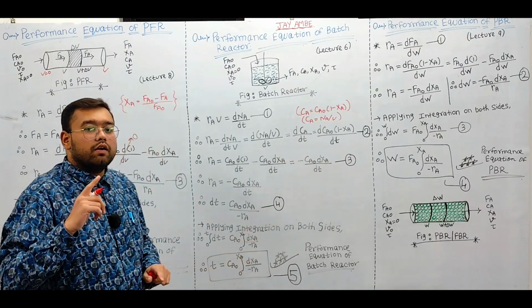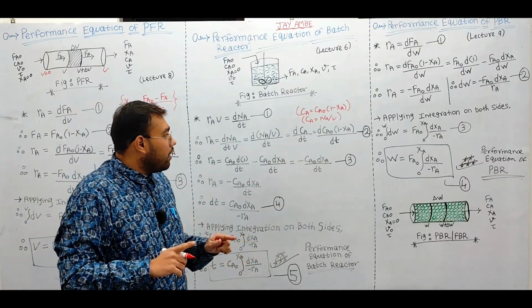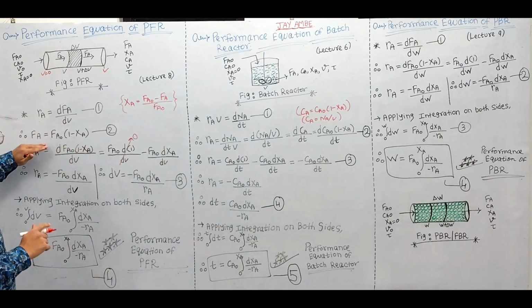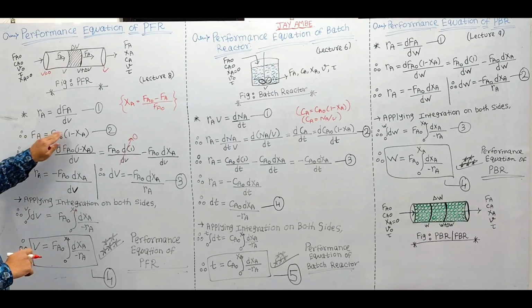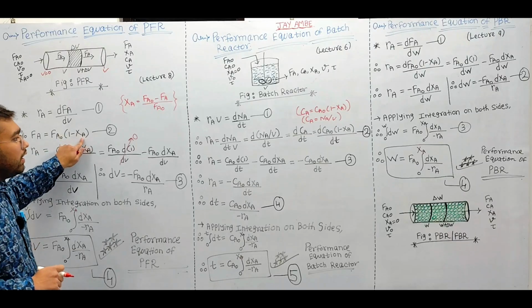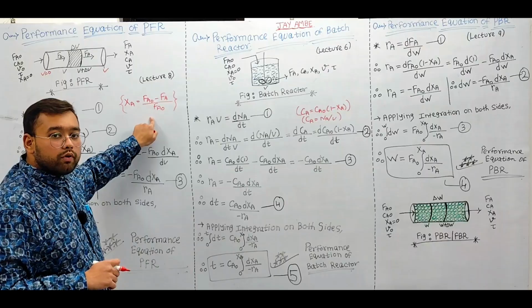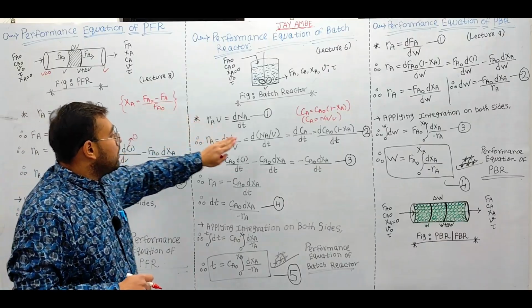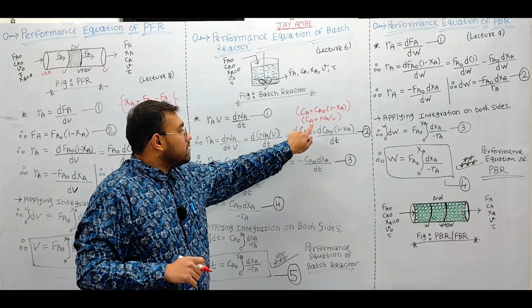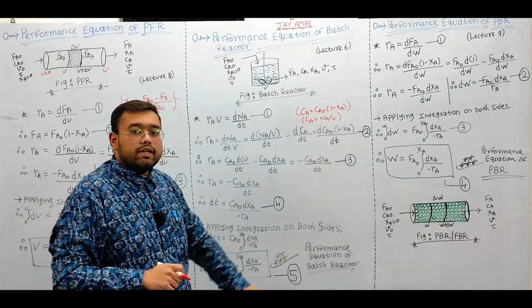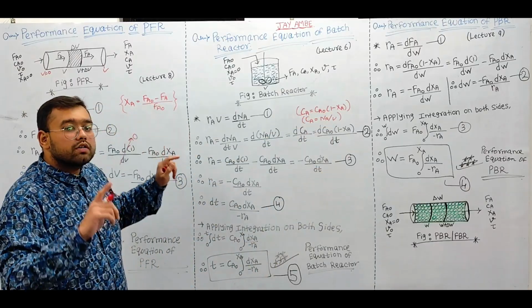By further using the concept of the conversion, we can derive in a similar way. Let's say by using the concept of the conversion, we have written the second equation, right? Fa is equal to Fa naught into 1 minus Xa. Okay, so here we have used the conversion as a function of the molar flow rates, right? Similarly here we can write Ca is equal to Ca naught into 1 minus Xa, right? Conversion in terms of concentration.